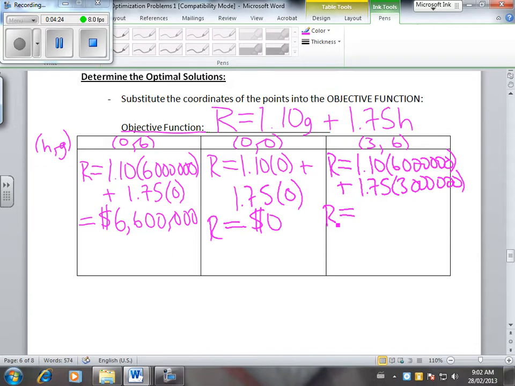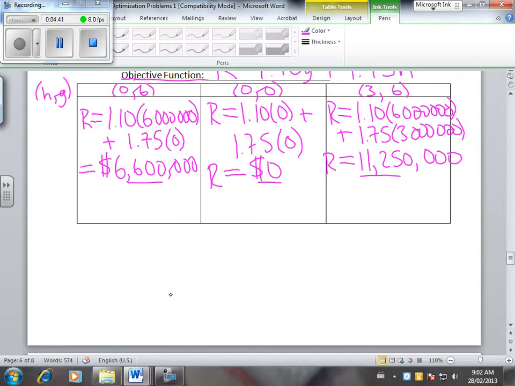And this revenue will give us 11,250,000. So if we look at the values, 6.6 million, 0, and over 11 million, we'll see that this is our, in fact, just like we predicted, this is our minimum solution. And this is our maximum solution.